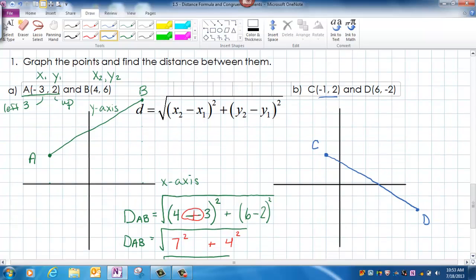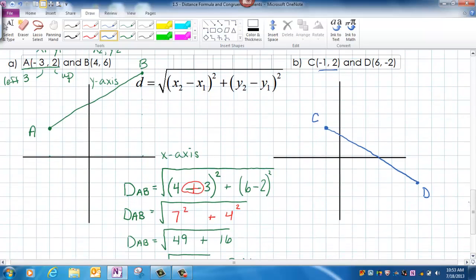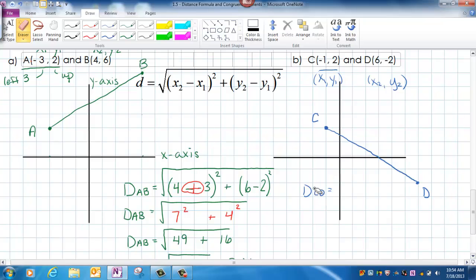Now we want to find out, well, how far is it from point C to point D? Okay, so let's label point C as our first coordinate. So we're going to call it x1 and y1. And then point D is our second one, so we'll call that one x2 and y2. Alright, so now we need to find the distance from C to D by following the formula. I'm going to move this down.